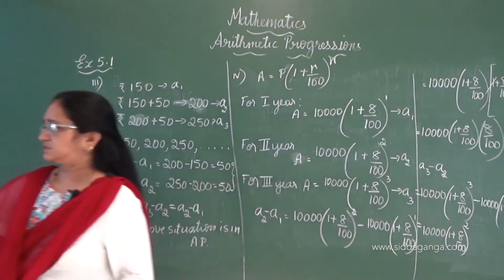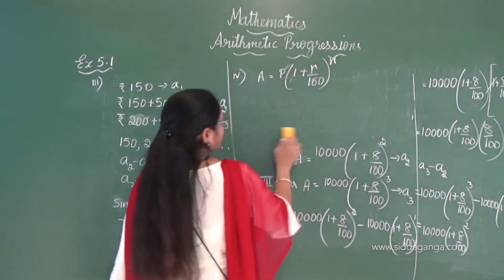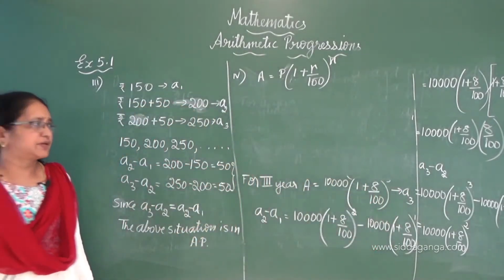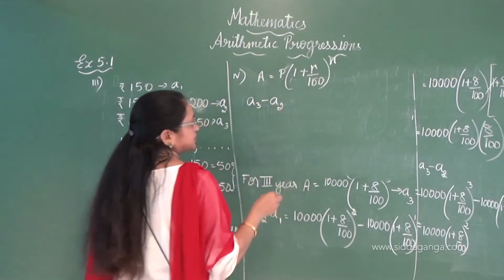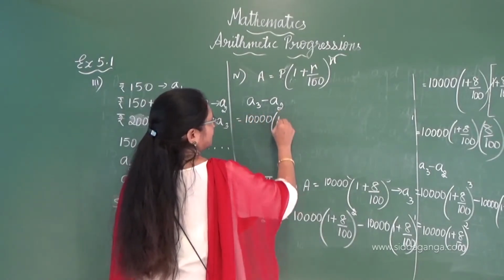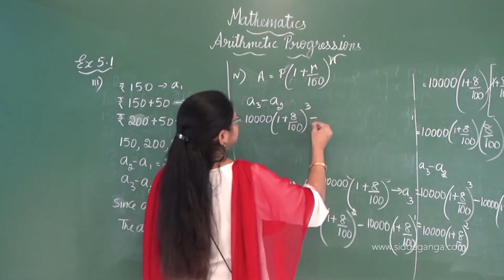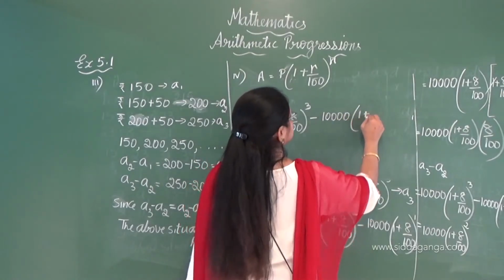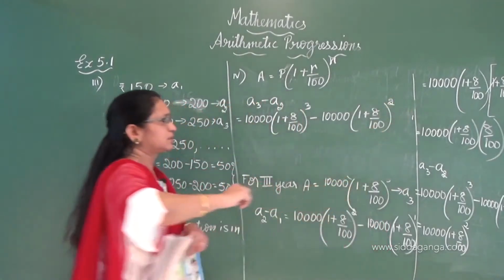Okay, if you cannot see, I will just do it here. So I am doing A3 minus A2. A3 minus A2 will give you 10,000 into (1 + 8/100) to the power of 3 minus 10,000 into (1 + 8/100) to the power of 2.